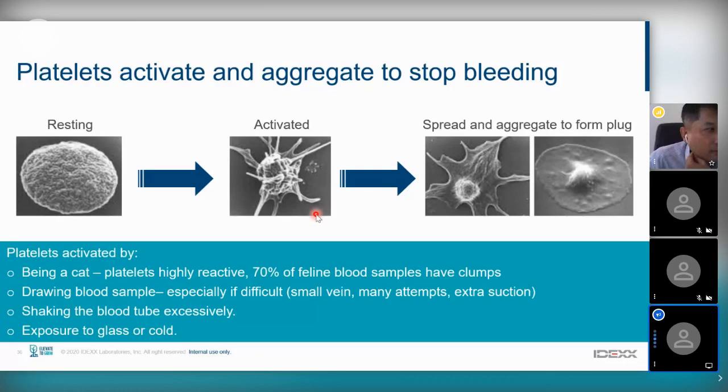During the transportation, that gets activated, and then they spread and aggregate to form a plug. And this plug is known as the platelet clump. So the platelets can be activated by a number of reasons that I have described already. And these reasons can aggregate them that could hinder in their counting in an automated analyzer.